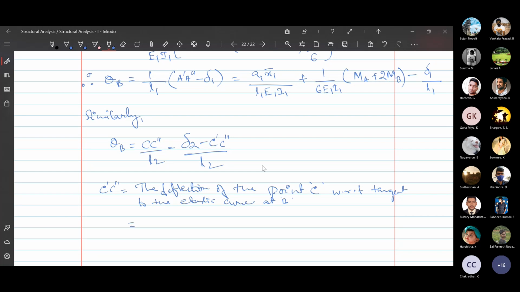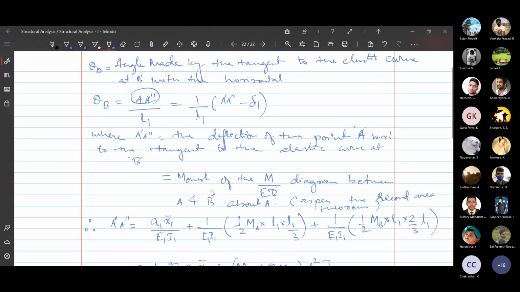So again, similarly, just like this one, what is C dash C double dash? That is the moment of the M by EI diagram between B and C about B.